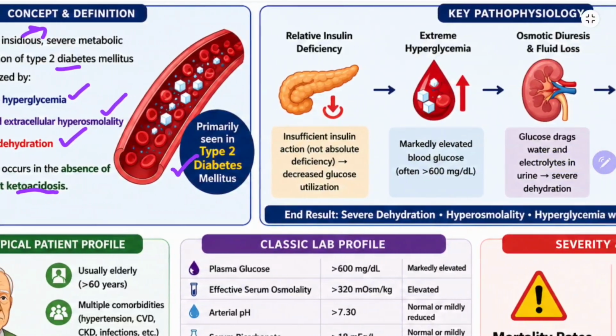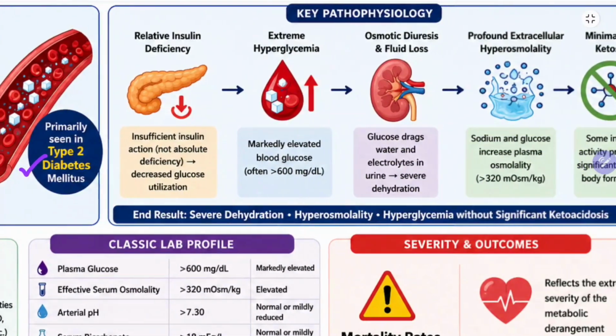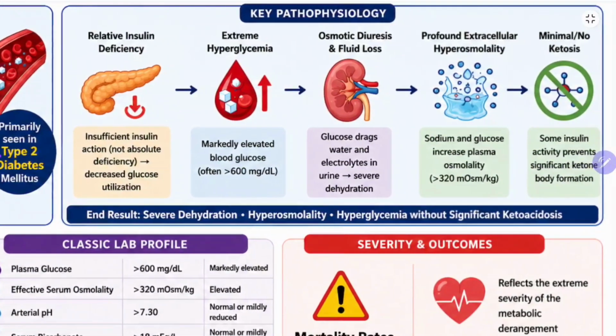So this is an overview flow chart. Just see the key pathology. There is relative insulin deficiency, insufficient insulin action, not absolute deficiency. That relative insulin deficiency is able to suppress the lipolysis, but not able to suppress the hyperglycemia.